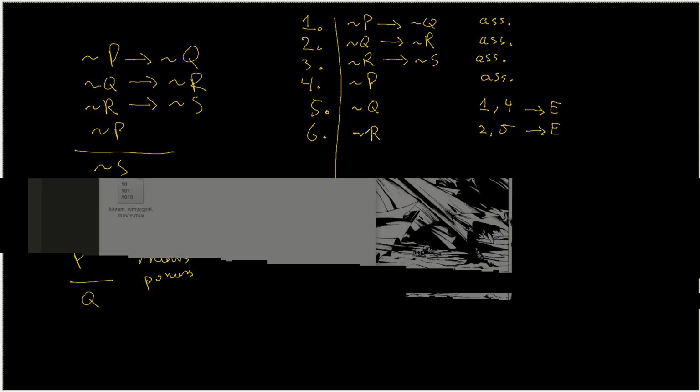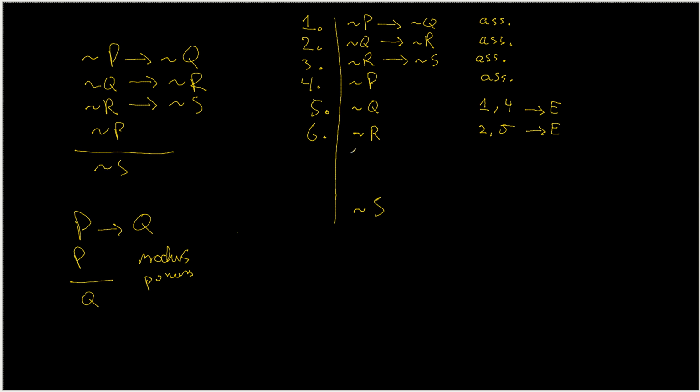So now we have not R, and you can probably guess what happens next. For the next line, we'll be eliminating this conditional and conclude not S. But wait, that's the thing we were trying to prove here. So maybe it doesn't look as nice, but let's put the line 7 here, because we can get not S by eliminating from lines 3 and 6 another conditional statement.